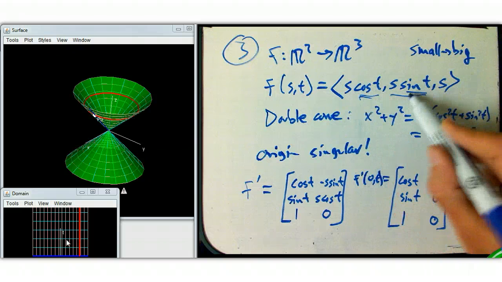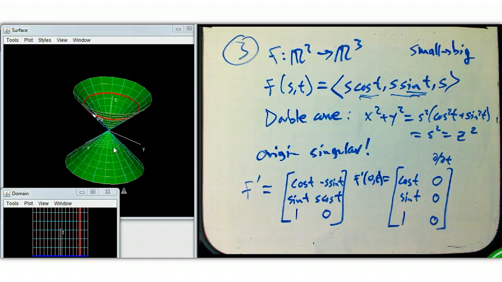It's cosine t, sine t. That's the stuff that goes around the circles. It says, what's going to happen when I go around the circle? Well, at the origin, if I try to go around, there's nothing to go around, so I don't move. And that's exactly saying that the t velocity vector, what our book Stewart often calls r sub t vector, that's this guy, it's 0. It doesn't move. And so there's something bad about that.